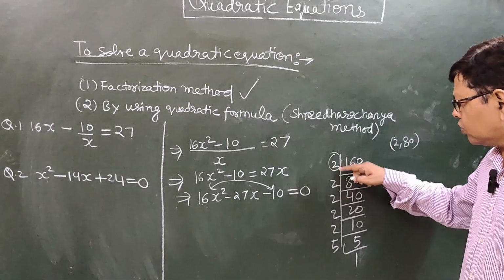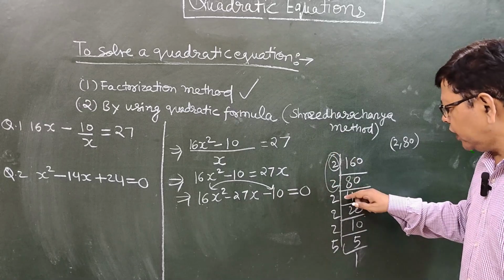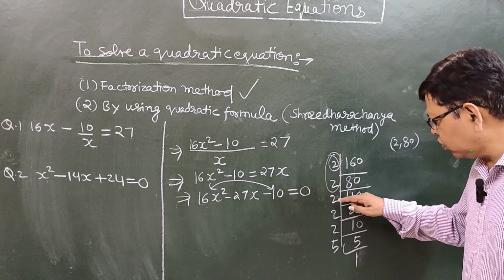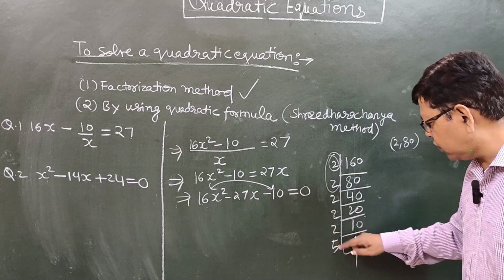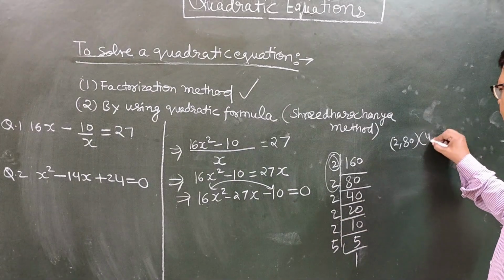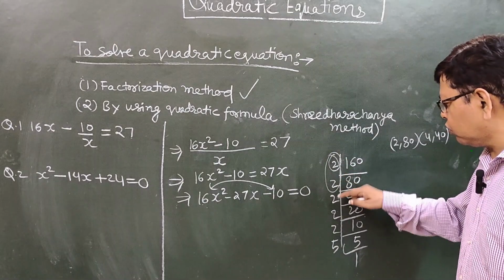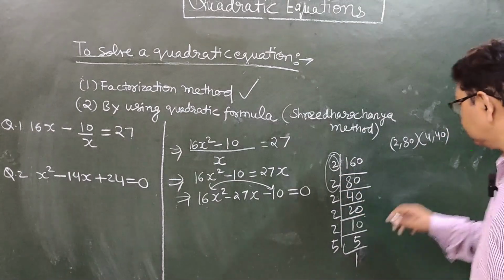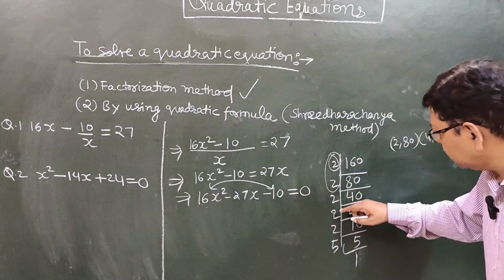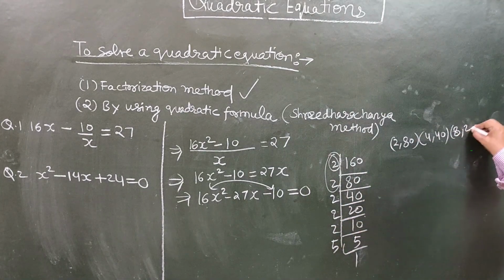Second, consider 2 and 2, 4, and the remaining product 2, 4, 8, 5 gives 40. So 4, 40. Third pair, 2, 4, 8, and the remaining 2, 4, 5 gives 20.